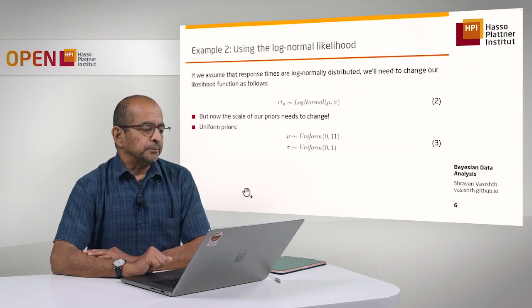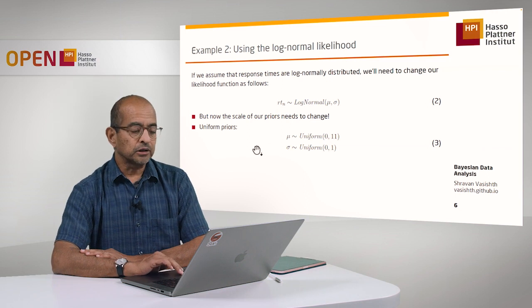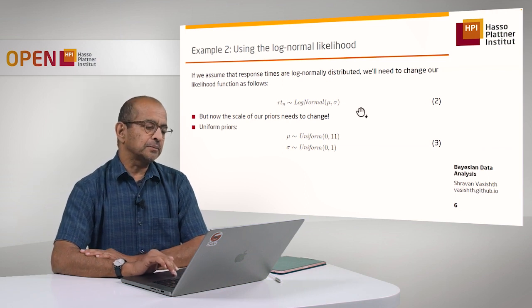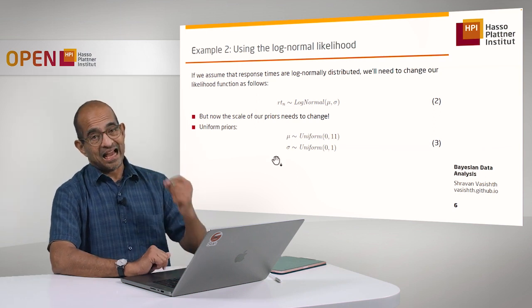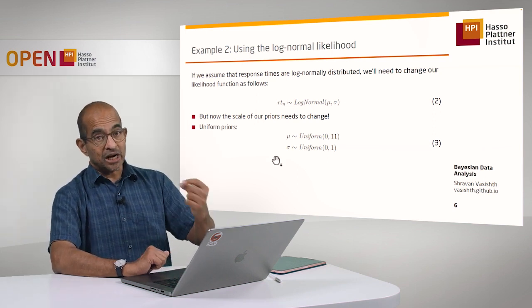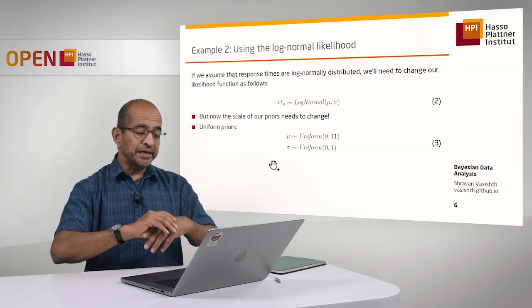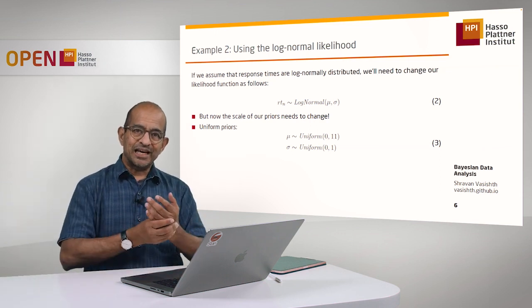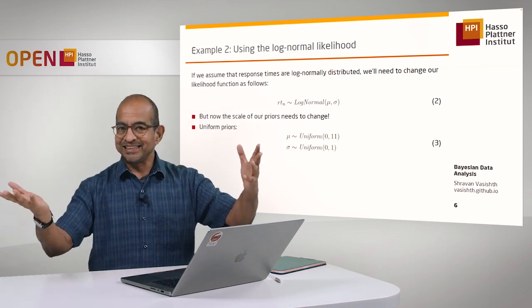All right, so let's start by refitting the model with a log normal likelihood this time. We have the same parameters, but these parameters now have to be defined on the log scale. The priors have to be defined on the log scale. This is a very common mistake that people make. They use a log normal likelihood, but they forget that the parameters are no longer on the millisecond scale.